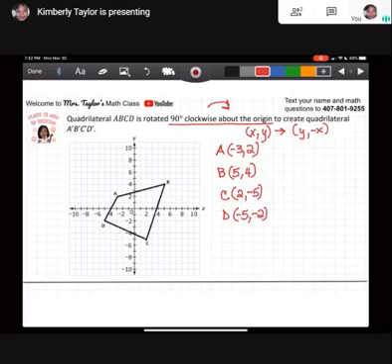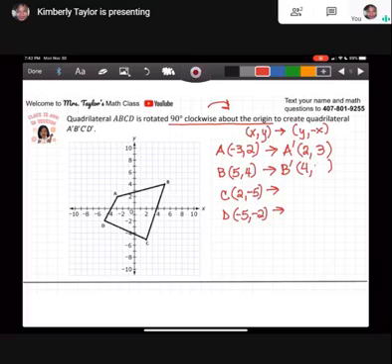Now at this point you want to determine your prime values. So we have A prime, and following the same rule, the Y value is 2, so I'm going to put that first, and then the X value is -3, but I need to change the sign, so it's going to be +3. The next one is B prime, and the Y value is 4, and the X value is 5.